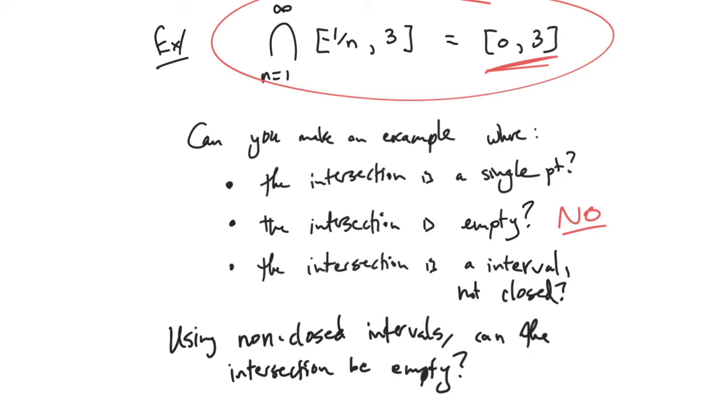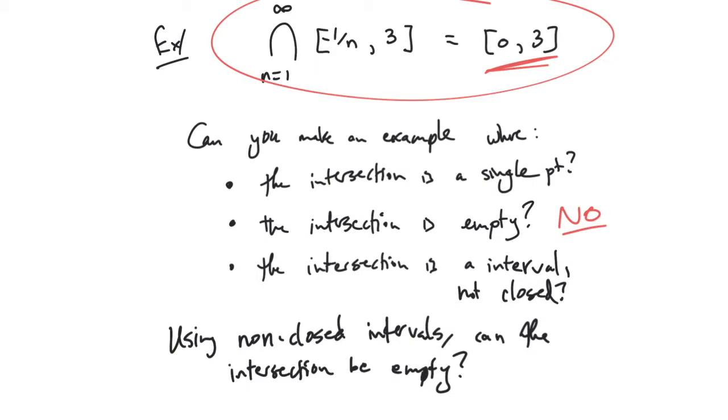Here's my suggestion. The example that I put in, negative 1 over n, as the n increases, that shrinks the thing down. But you only have shrinking on one side of it. If you want to get a single point, try and make it so that both sides are the same.